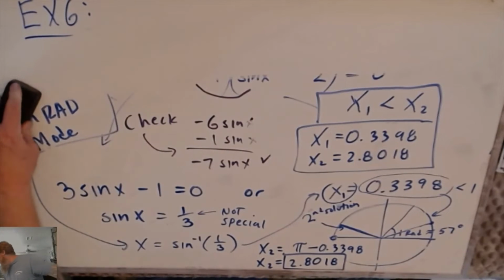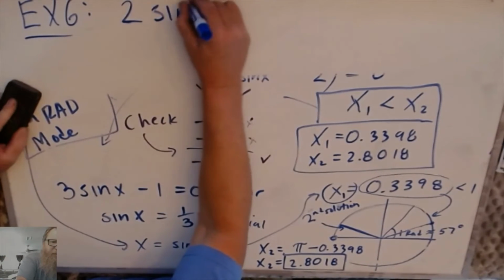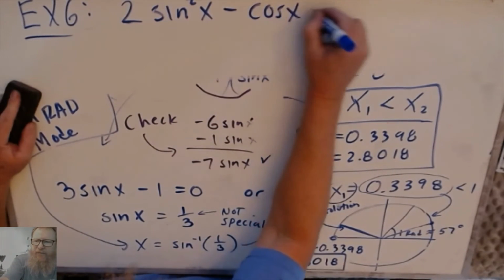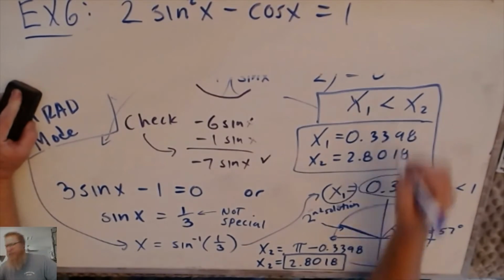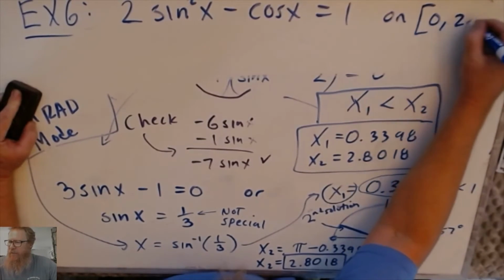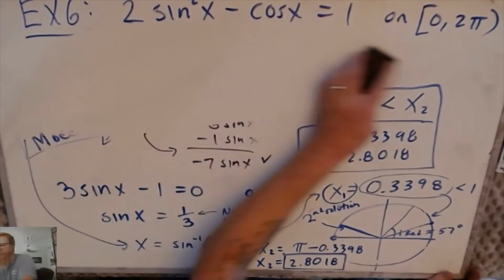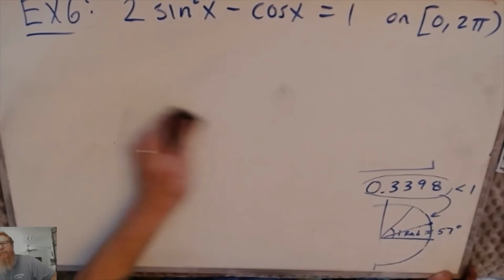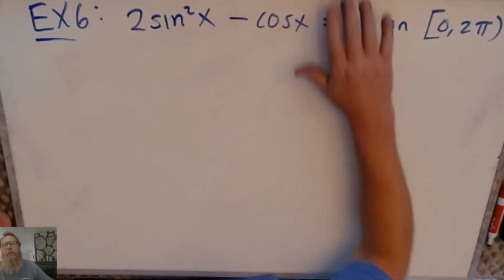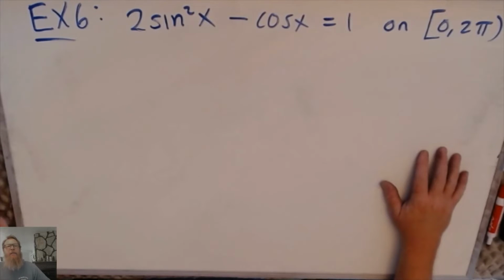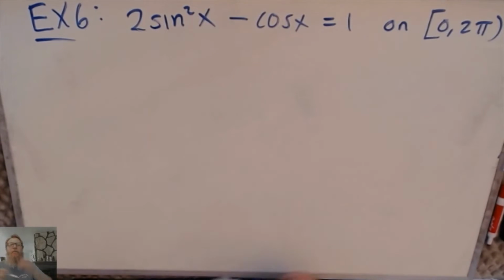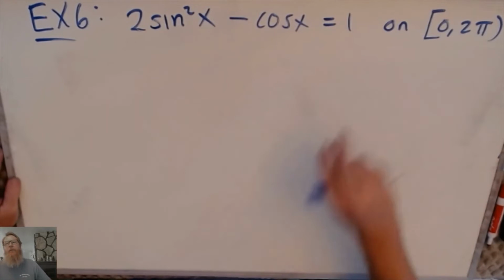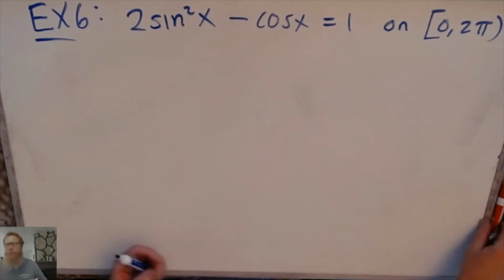Let's try another one. How about 2 sine squared x minus cosine x equals 1. And we'll stick with the same interval, on the interval 0 to 2 pi. Okay, so example 6, continued. 2 sine squared x minus cosine x equals 1 on the typical interval from 0 to 2 pi.